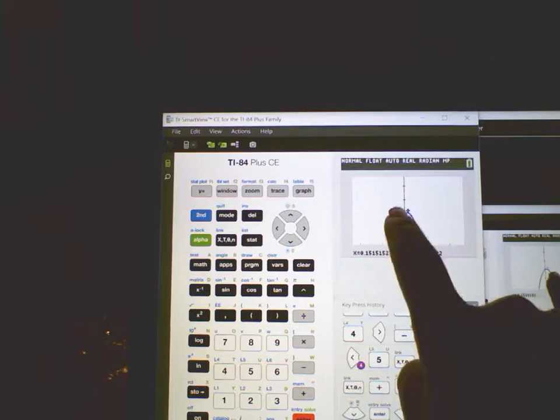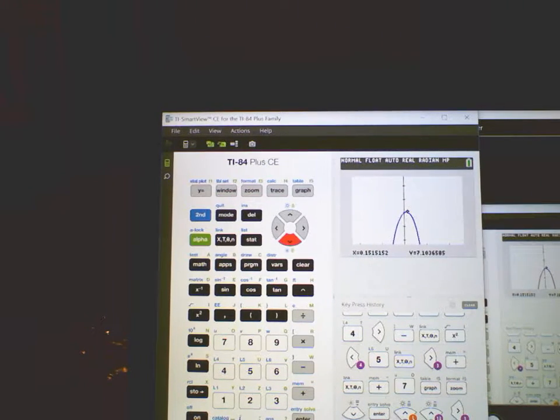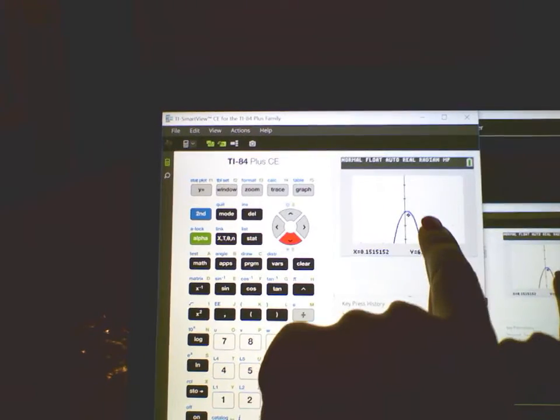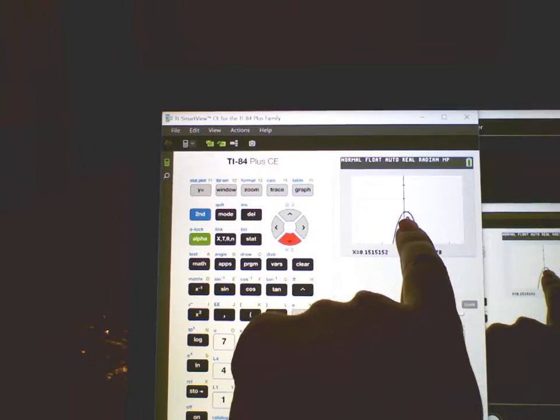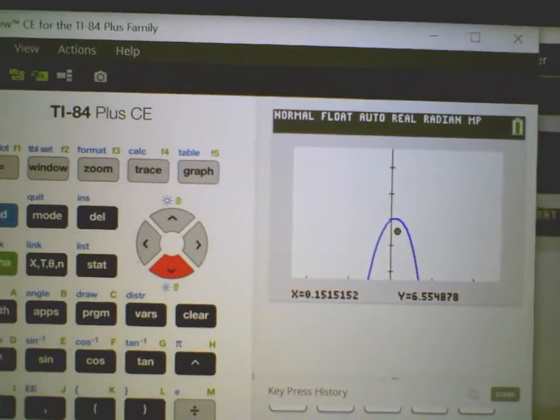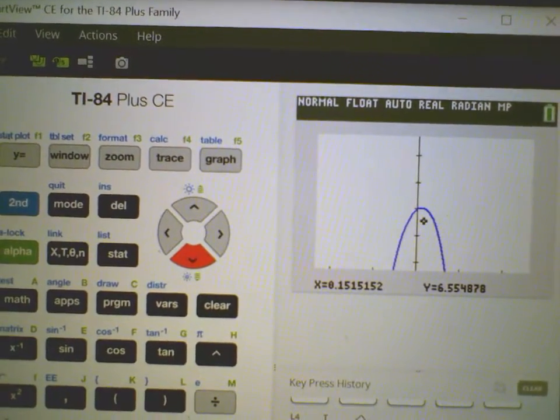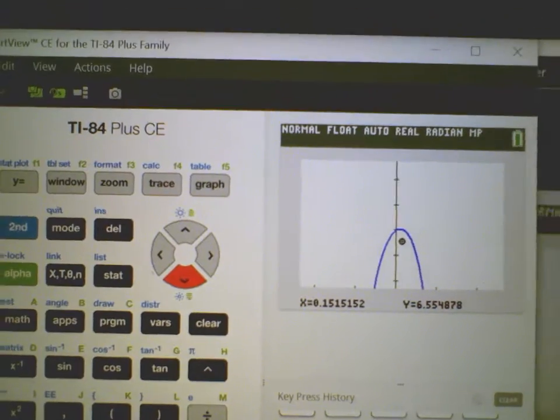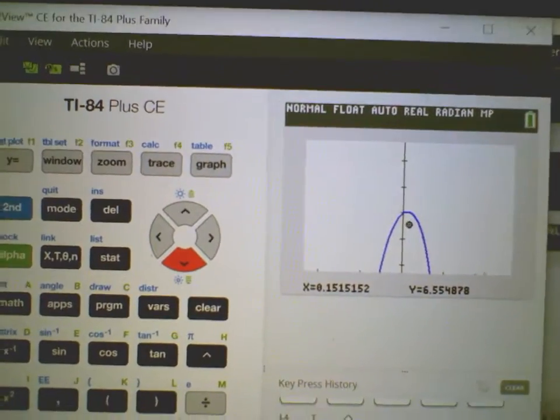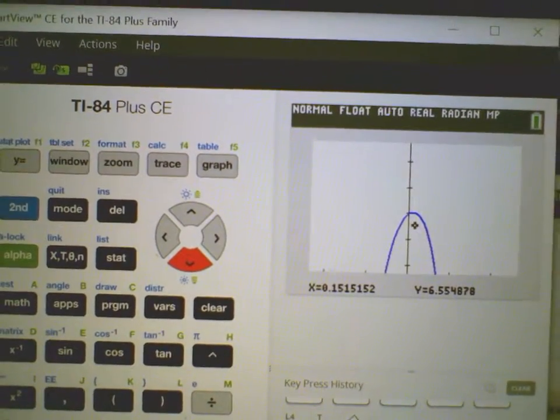So you can see right here that the relative maximum is not exactly on my axis. Because of that, it is not symmetrical. That means it has been shifted over a little bit. So there is no symmetry here. So no symmetry.